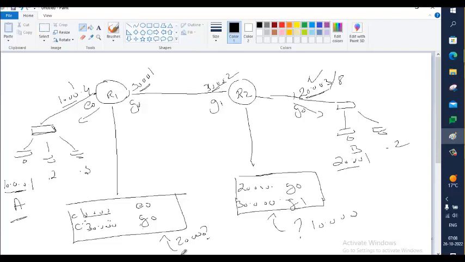So in a big topology, if someone asks how this packet will go, what is the path taken, we will not have a clear picture. Why? Because we did not write the route. The protocol has decided the route.